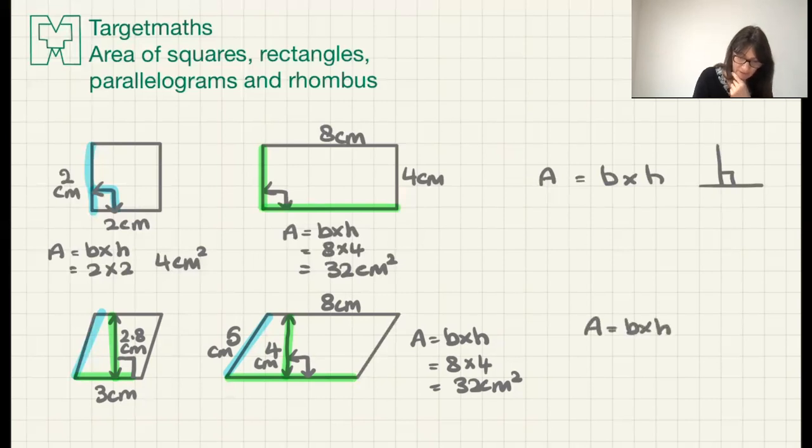So this is the area of my rhombus, which is going to be 3 times 2.8, which I'm just going to pop into my calculator very quickly. That is going to give me 8.4 centimeters squared. And that is a very quick, very snappy how-to on those 4 particular shapes.